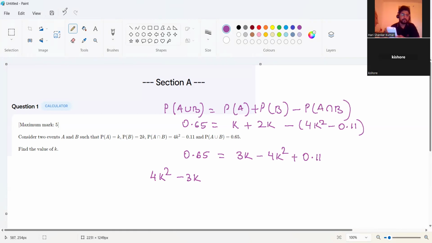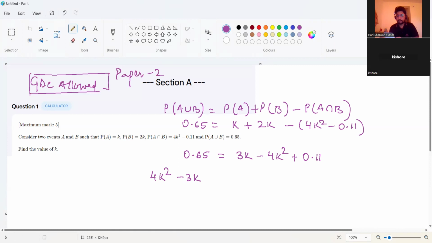This is paper 2, so GDC is allowed, by the way. You can use the GDC.